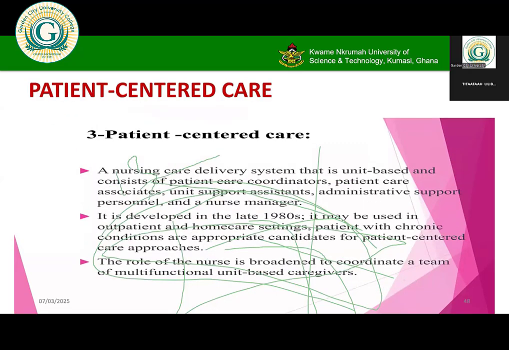And the patient-centered care. Patient-centered care is a nursing care delivery system that is unit-based and consists of what? Patient coordinators, patient care associates, unit support assistants, administrative support personnel, and a nurse manager.